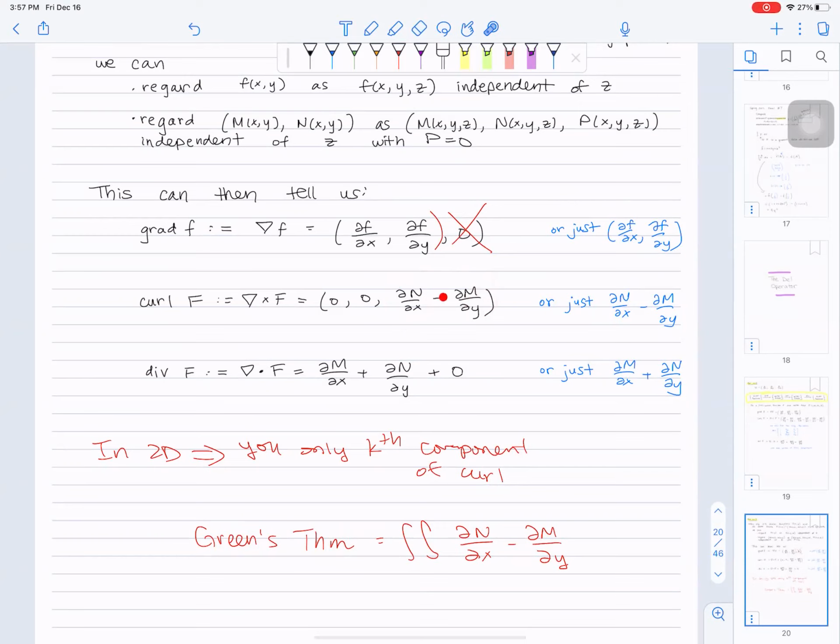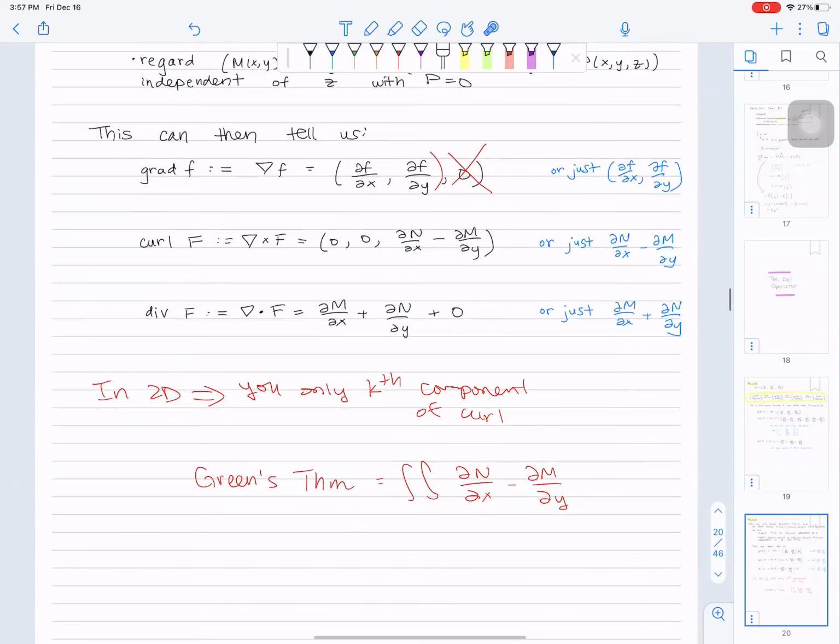So in Green's theorem, you only have a double integral of this single thing, the k component of the curl. Whereas Stokes' theorem is in 3D, so you would have 3 components, 1, 2, 3. But in 2 dimensions, you only have the k component of the curl. That's why Green's theorem had that.